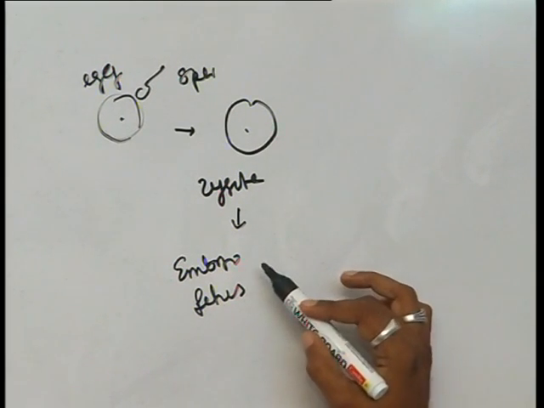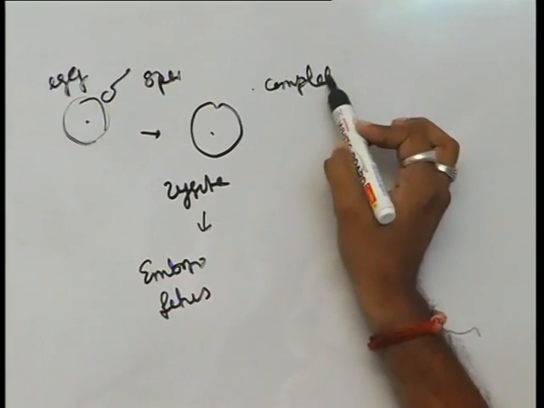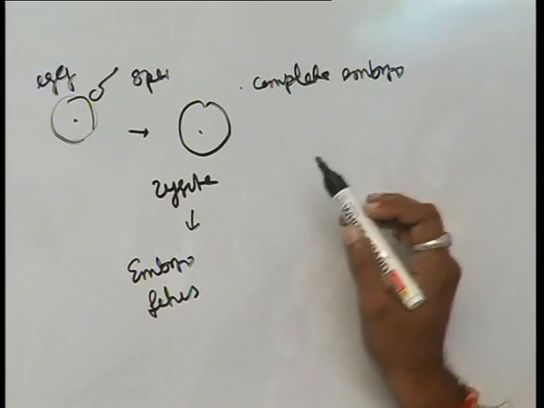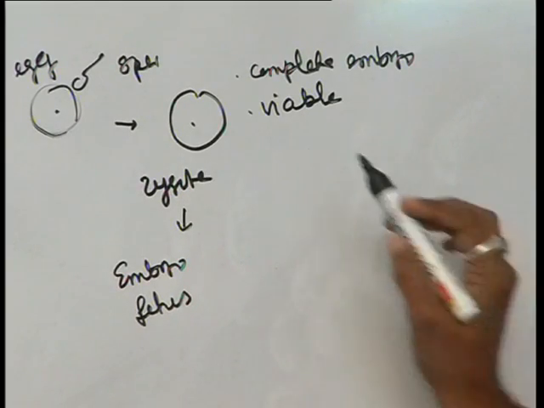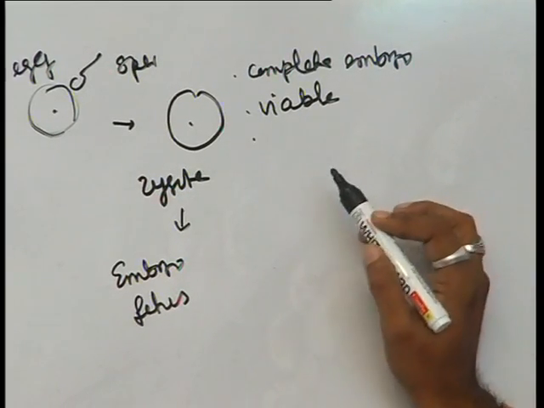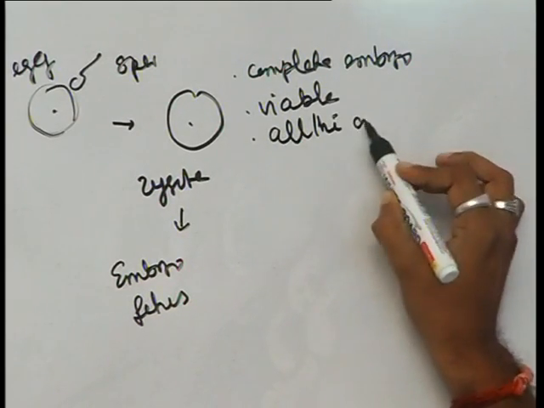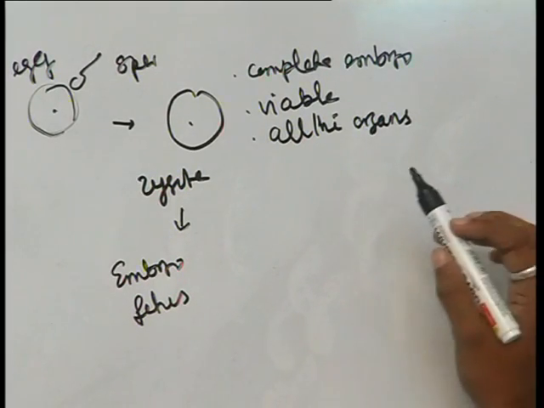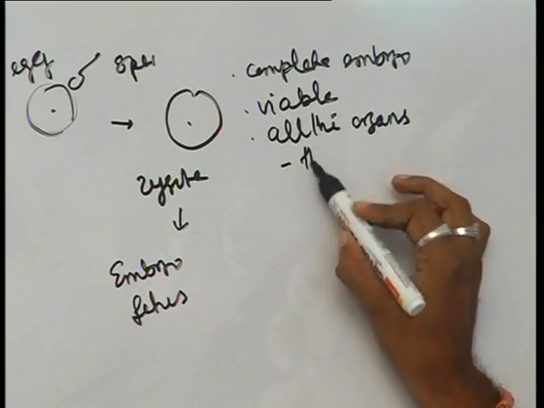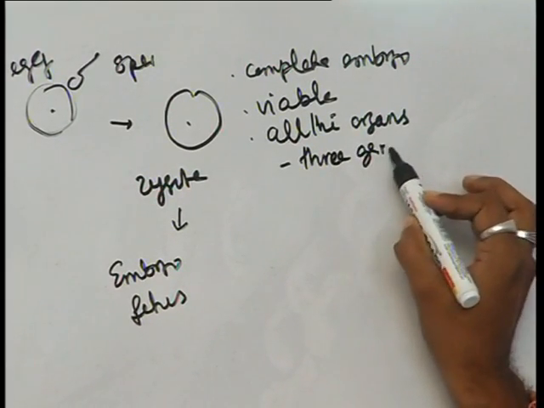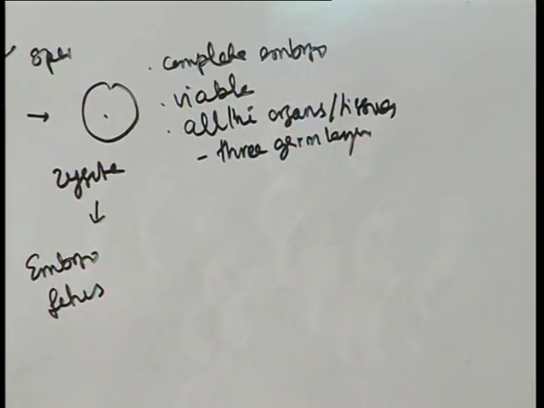So this particular cell can give rise to a complete embryo which is viable, and it also produces all the organs, inclusive of the organs or tissues present in all three germ layers.